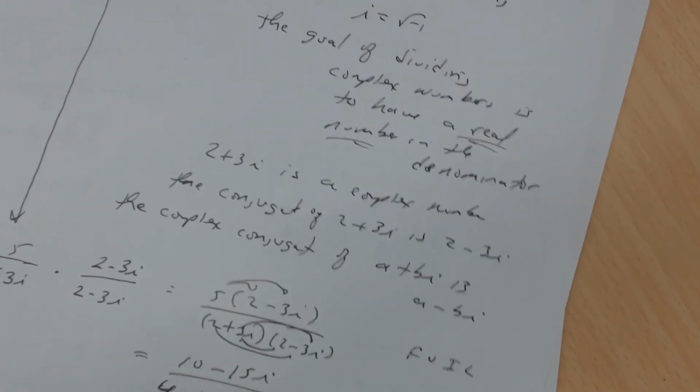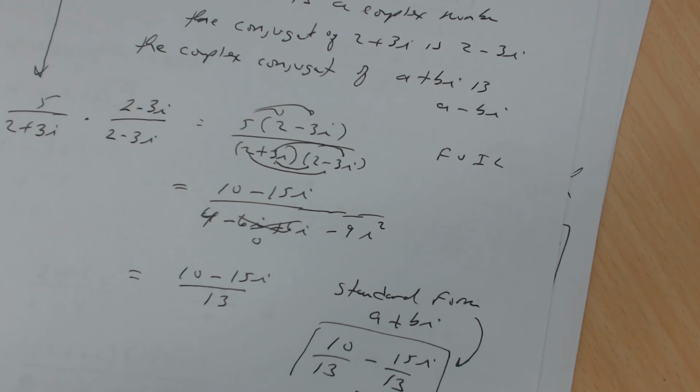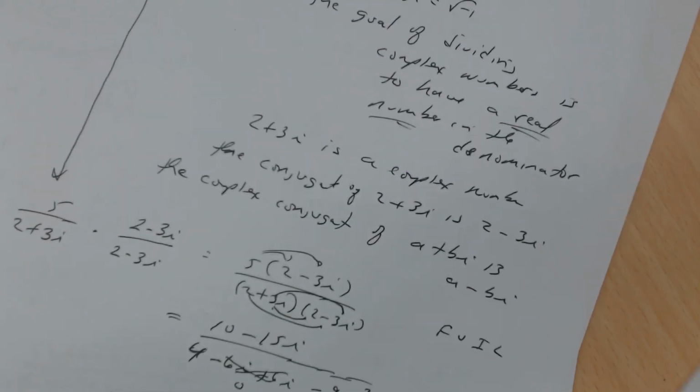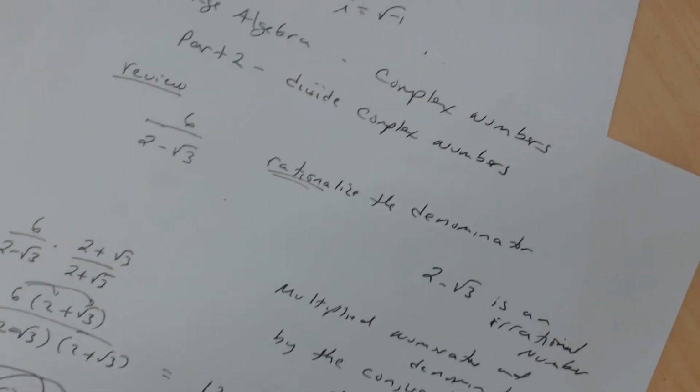And when we did that, we ended up with a real number in the denominator. So the numerator, you still had a complex number with an i, so you had an imaginary number. But the denominator, that complex number here, is just a real number. There was no i. Okay, so that takes care of part 2.